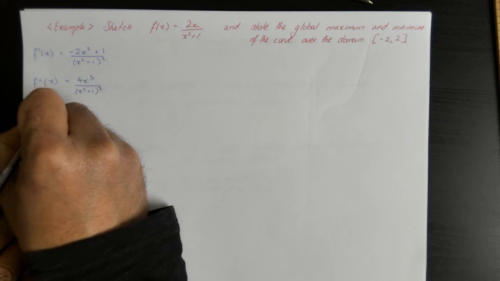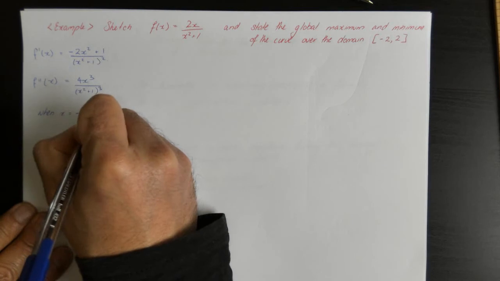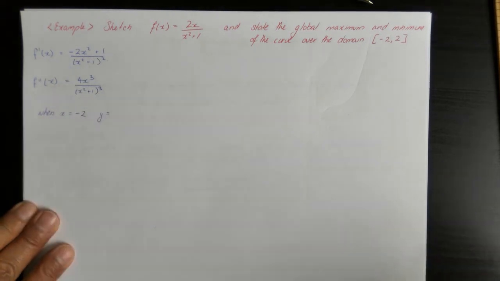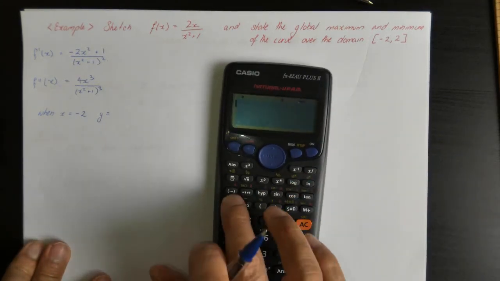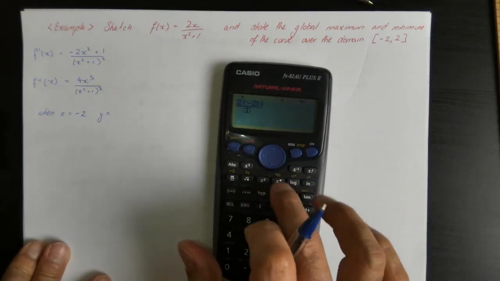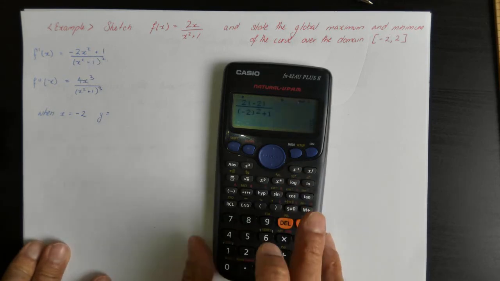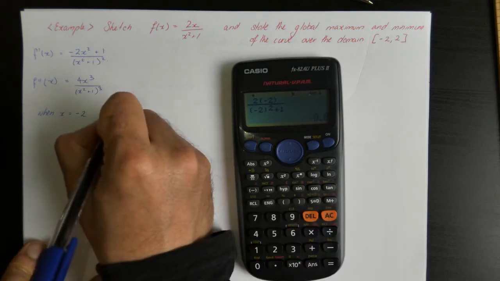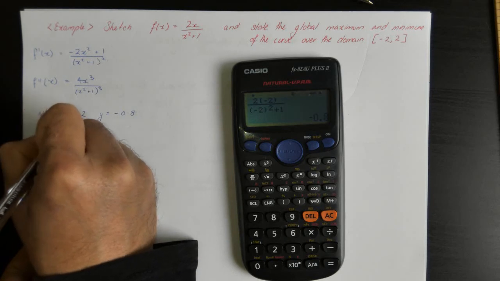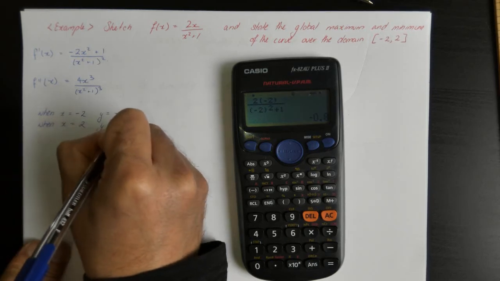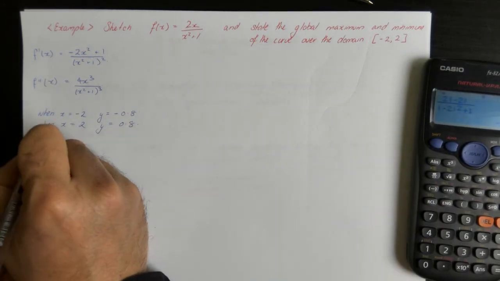So when looking at the two extremes, when x equals -2, we get y equal to 2 lots of -2 over -2 squared plus 1. We get -0.8. And when x equals 2, we get y equals 0.8. Okay, so we want to find stationary points.